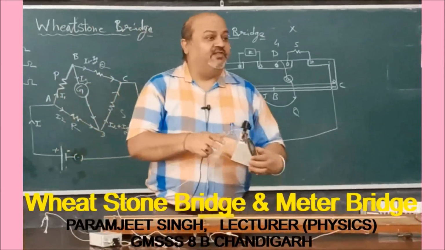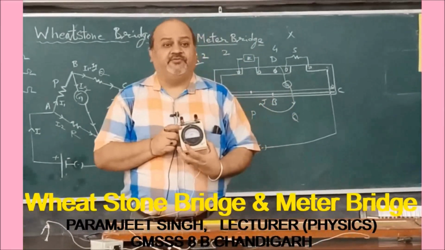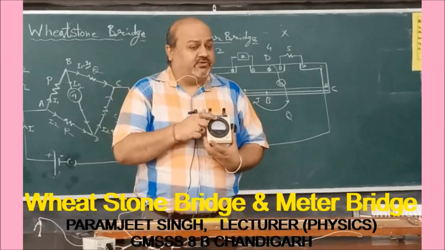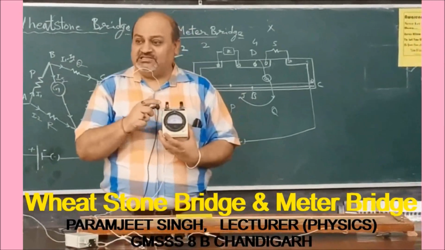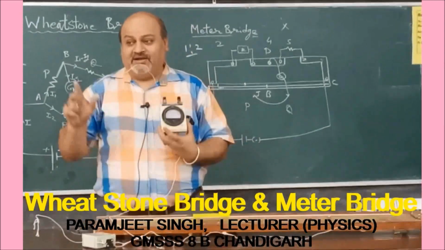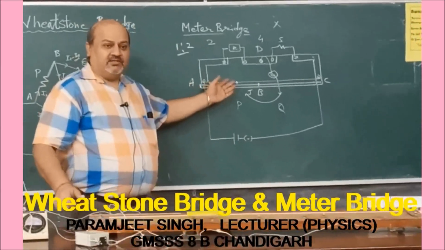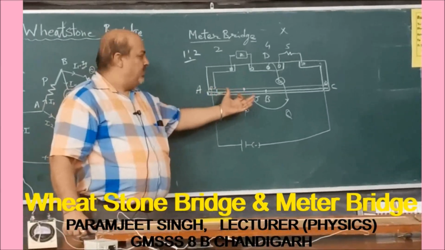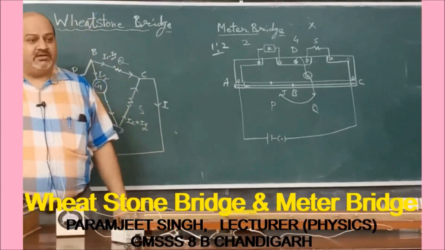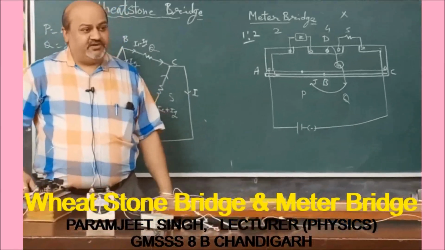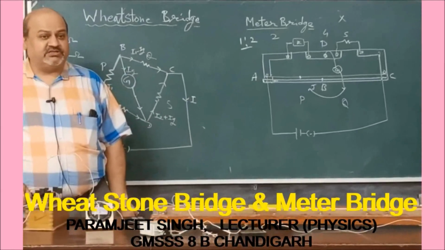There will be no deflection in the galvanometer. So when the deflection of the galvanometer becomes 0, what does it mean? P over Q has now become equal to R over S. We will read the lengths AB and BC from the scale. From the lengths we will calculate P and Q and apply the Wheatstone bridge to find the unknown resistance.